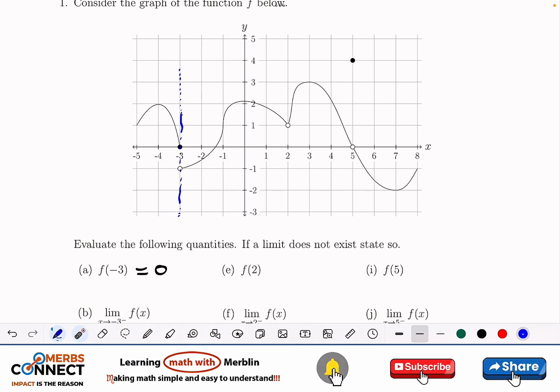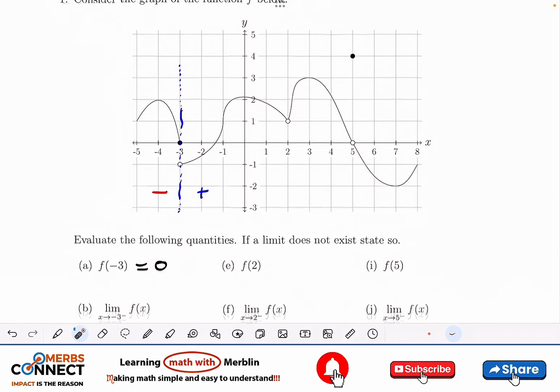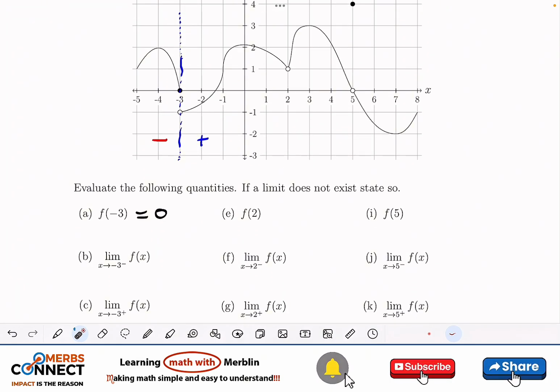As soon as I get this line, remember the right side of the line becomes the positive side, whether the values here are negative or not. And then the left side becomes the negative side. So with this line where we have negative 3, this is the positive side, this is the negative side. This helps a lot.